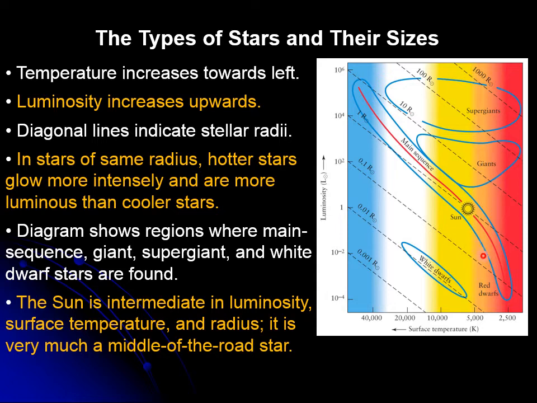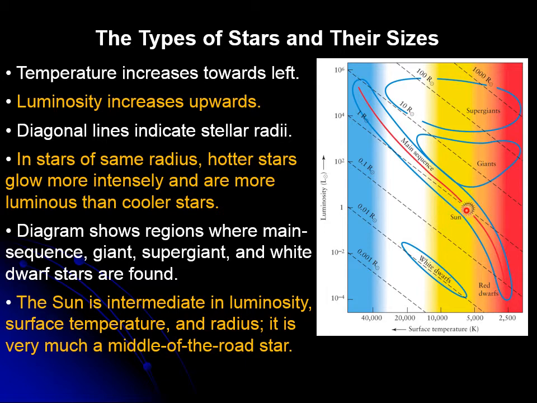At the same time, we see that larger stars, the ones that are here, giants and supergiants, are going to be more intense in terms of luminosity, and the ones that are smaller than the sun are going to be less luminous than the sun, dimmer, and the sun, as mentioned before, is going to be kind of in the middle.